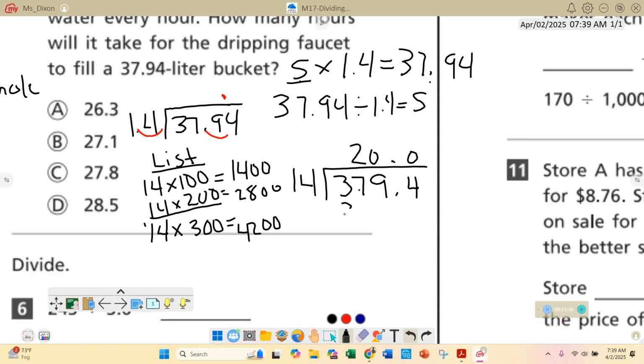We already know that that's 2,800. Subtract 4, 9. Got to regroup that one. That is 17 minus 8, 9.